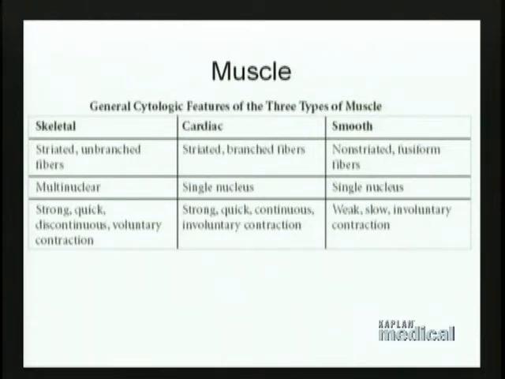Note first off, as we'll see, that both skeletal and cardiac muscle are considered to be striated, in that they have a very distinct banding pattern of overlapping myosin and actin filaments. Note, however, that skeletal muscle fibers are unbranched and separate, whereas cardiac muscle fibers are highly branched and, as we'll see, are going to be interconnected with one another by specialized junctional complexes.